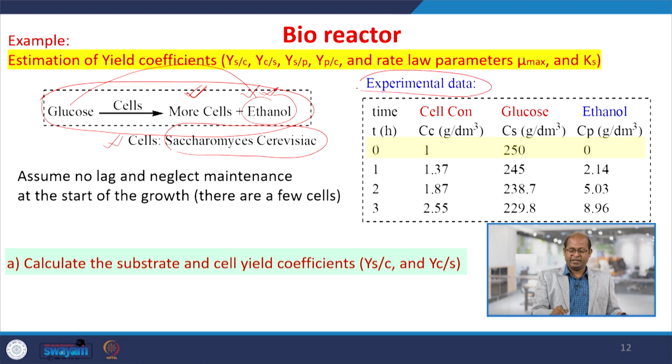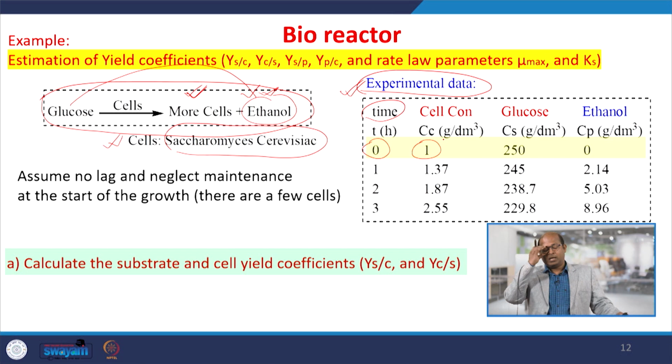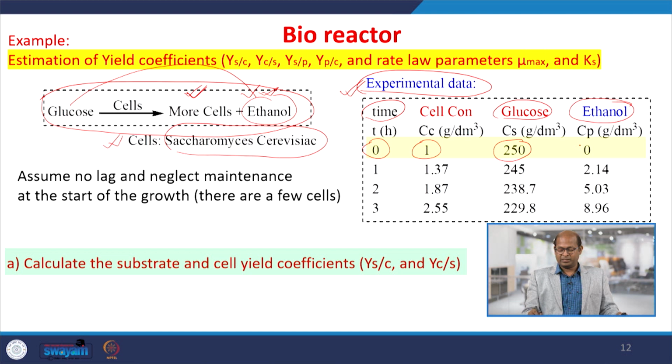The experimental data is given here for this reaction. At time t equals 0 hours, the cell concentration was 1 gram per dm³, the glucose, that is the substrate concentration, was initially 250 gram per dm³, and the ethanol production at the beginning was 0. There was no product formation, only the new cells were put in, and the substrate initially taken is glucose.